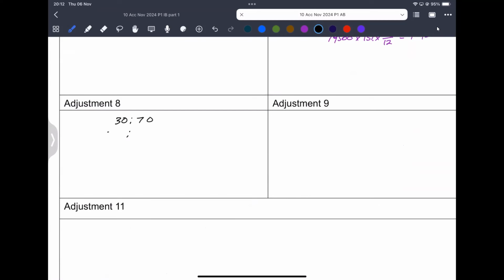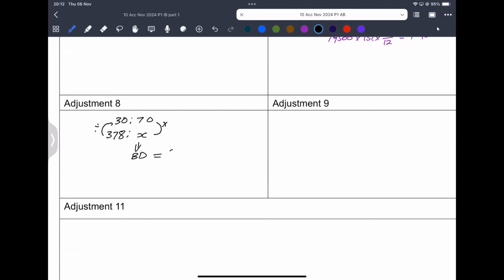We have received 378, meaning that we don't have x, which is the 70. So to calculate x, you're going to take this and divide it by 30. So you divide 378 by 30, and then you multiply it by 70. And that should give you your x, which represents your bad debts.